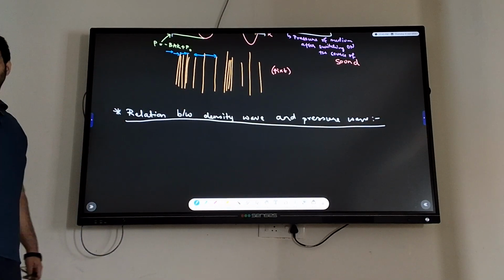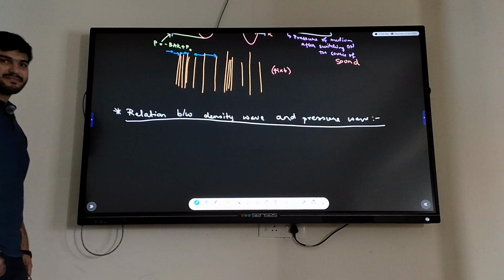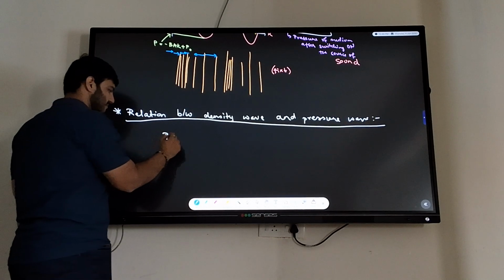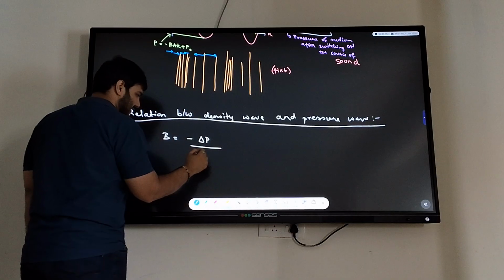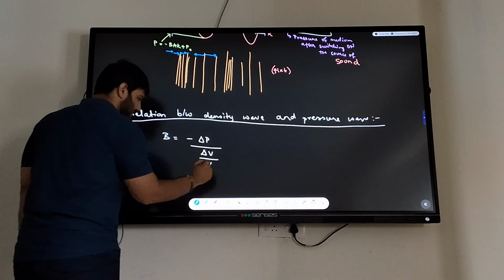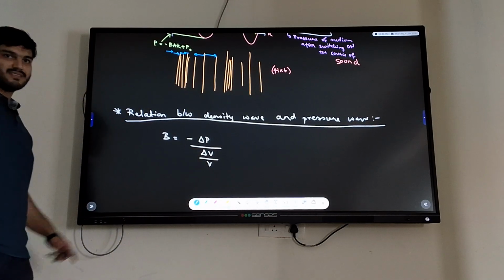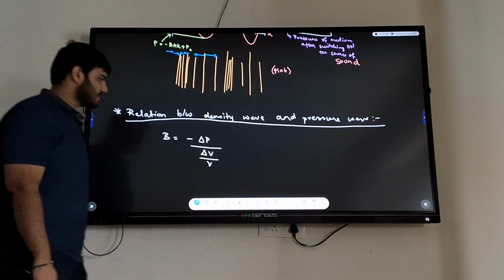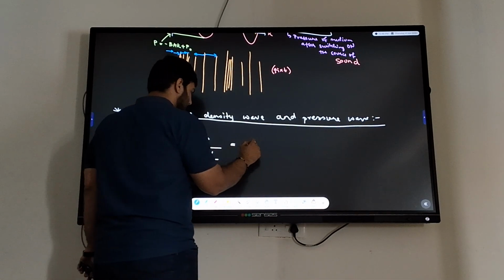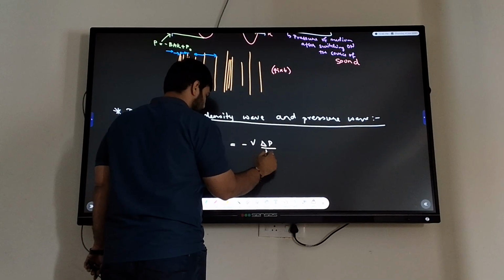What was the definition of bulk modulus? Minus delta P by, this is the definition na, stress divided by strain, volume stress divided by volume strain. हाँ, तो B is minus V delta P by delta V.